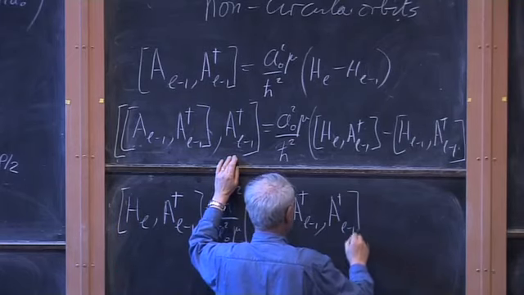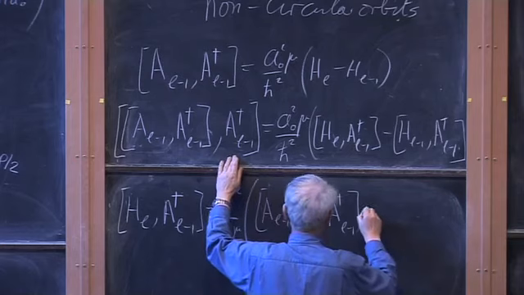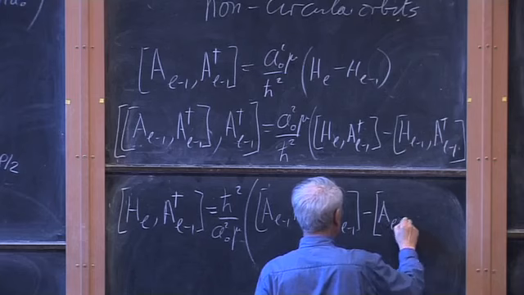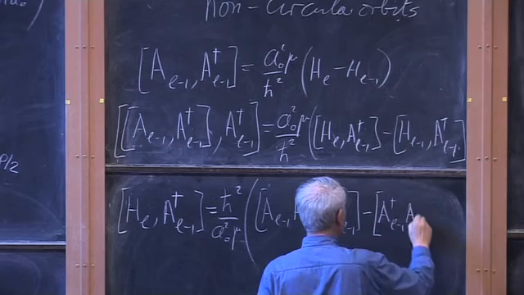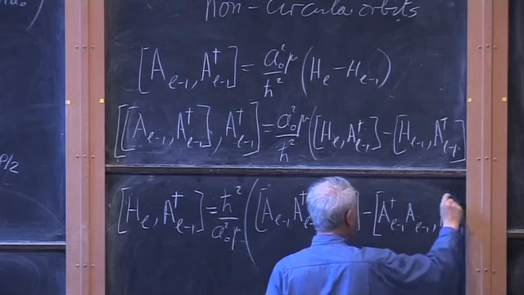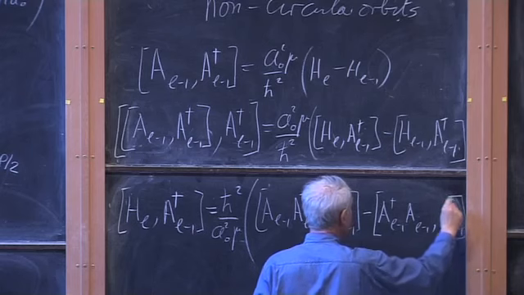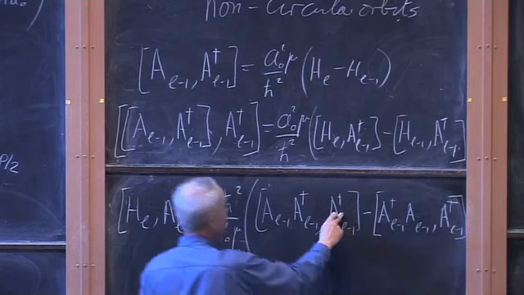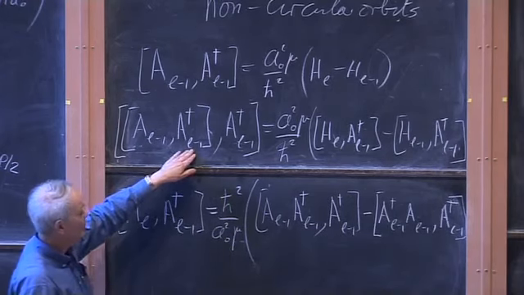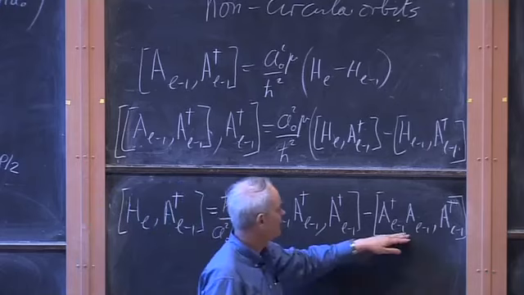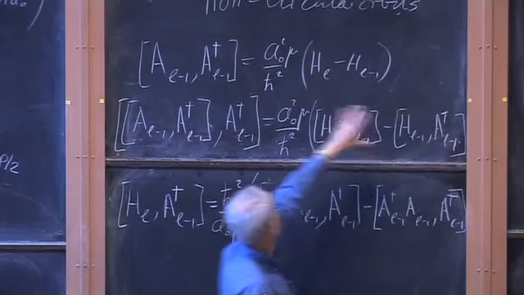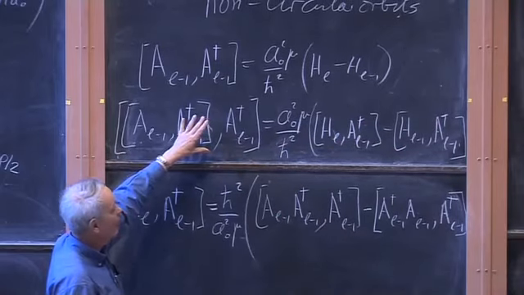Close that bracket. Minus the commutator AL minus 1 dagger, AL minus 1, close brackets, dagger. Sorry, that one's dagger, right? It's this one here. So all I've done is taken this inner commutator and expanded it into its two bits. And then I should bring this onto this side of the equation, step 1.